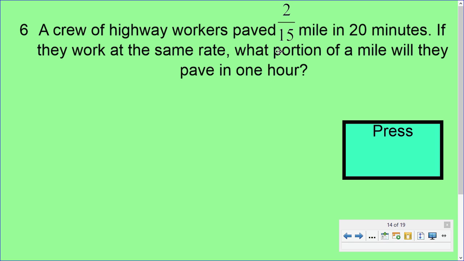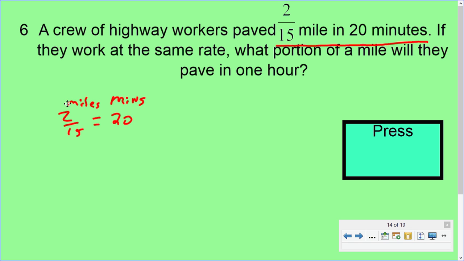All right, so I noticed they did some paving here, and they did it in 20 minutes. So 2/15 of a mile was equal to 20 minutes. So I'll put over here my minutes and my miles.